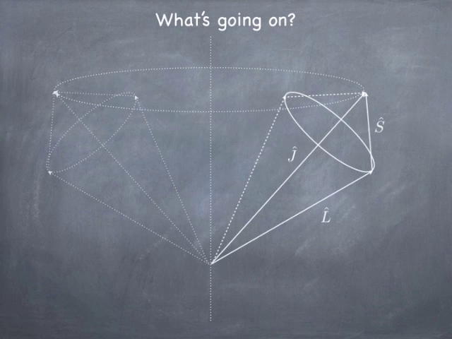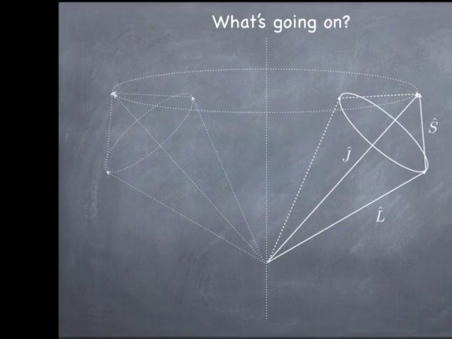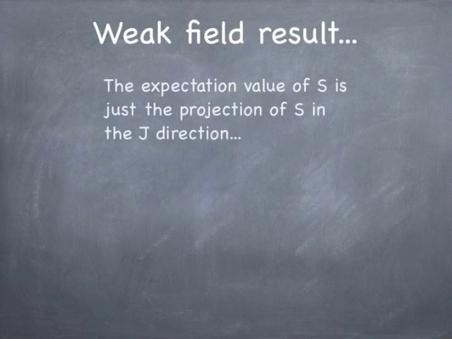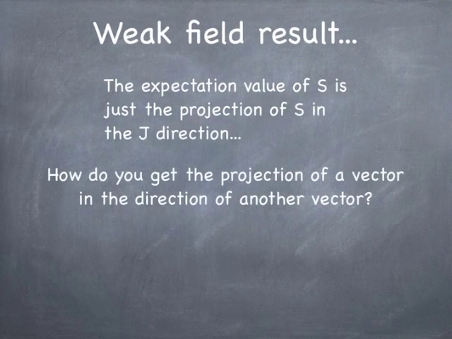The precession of J about the Z direction is the Zeeman effect, but it's very slow compared to the precession of S and L around J. And so what we end up with is that the only piece of S that survives is the projection of S in the J direction.